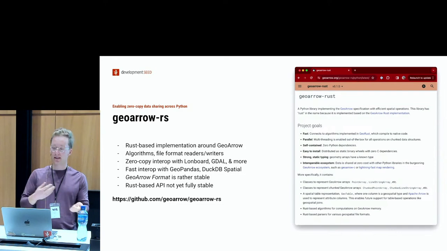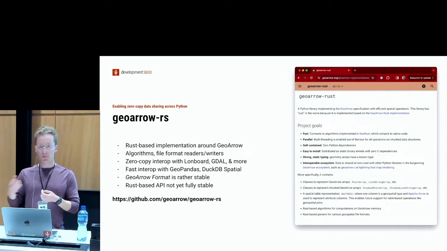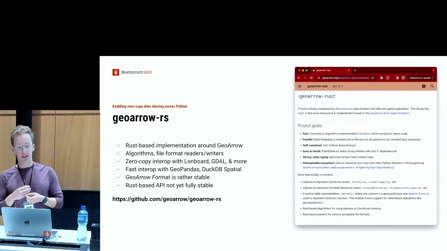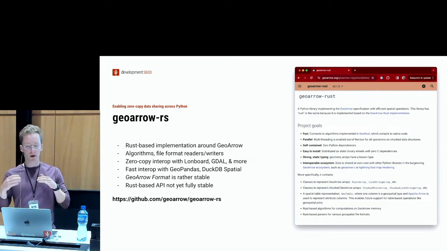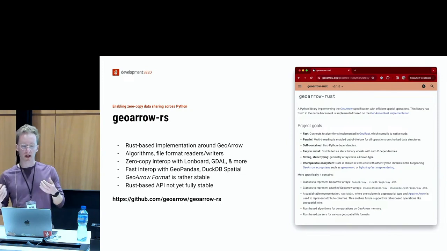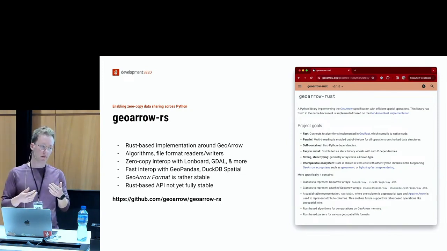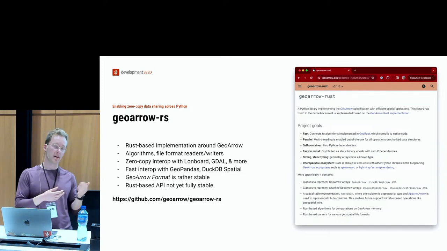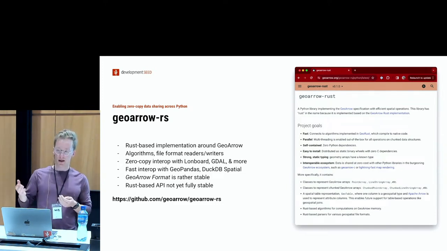This has both file format readers and writers so that you can read GeoParquet, FlatGeobuf, GeoJSON, but also has a growing number of algorithms to try and correspond with GeoPandas and other things that Shapely implements.